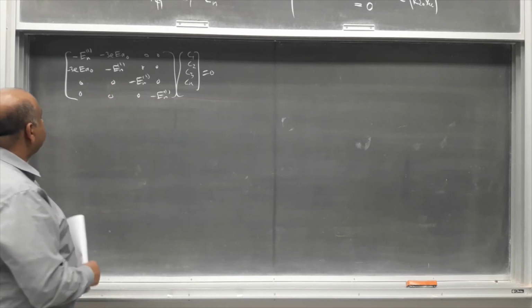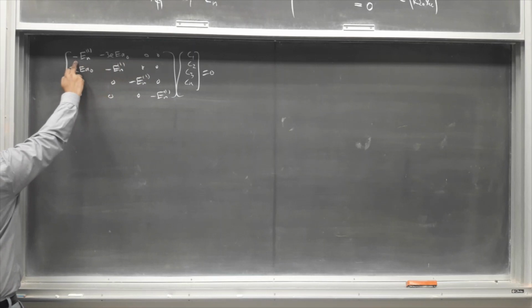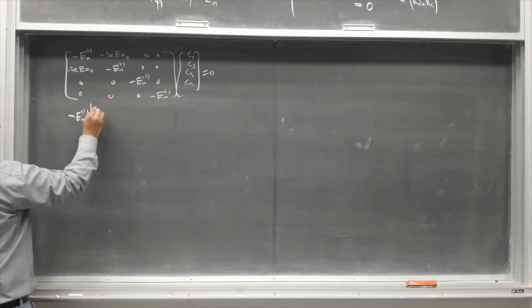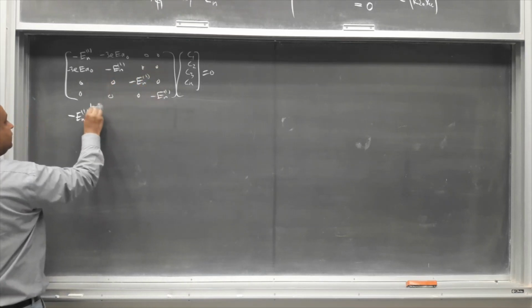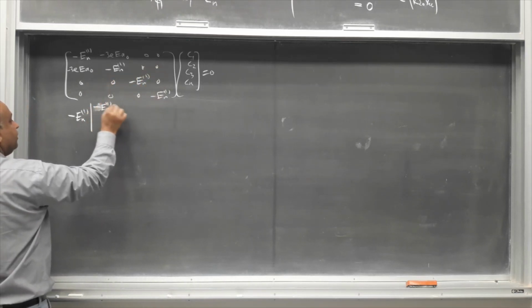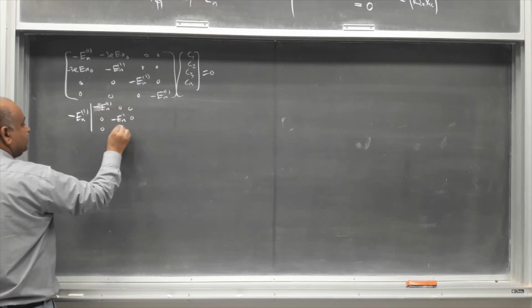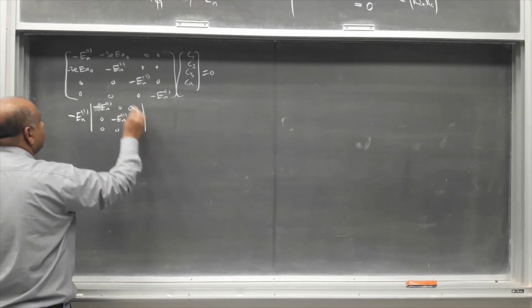And let me open that determinant by the first row. If I open it by the first row, I get minus En1 times the determinant of the remaining 3 by 3 matrix, which is minus En1, 0, 0; 0, minus En1, 0; 0, 0, minus En1.